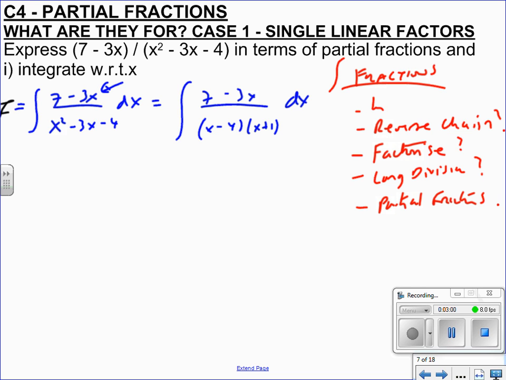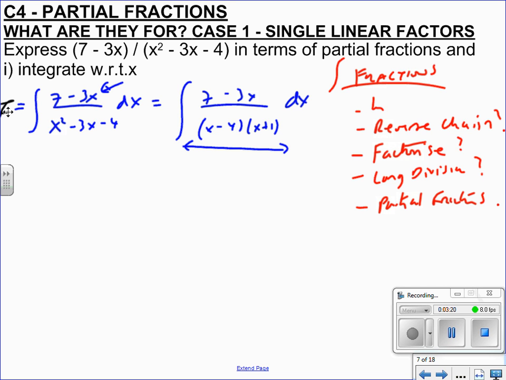So the idea of partial fractions is to split the integral up into what's called linear factors. So I want this thing to be able to split up so then I can ln it, essentially. ln each element, i.e. the integral will look like an ln integral. Okay?